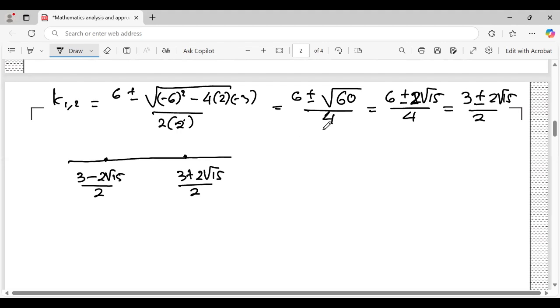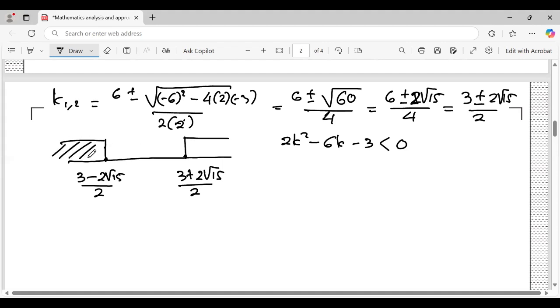The inequality is 2k squared minus 6k minus 3 greater than 0. And it means the solution area here.